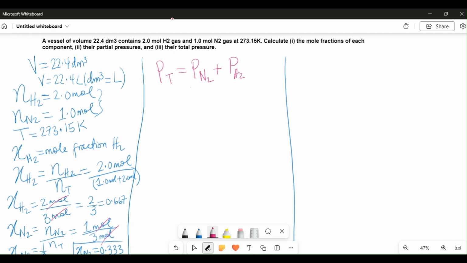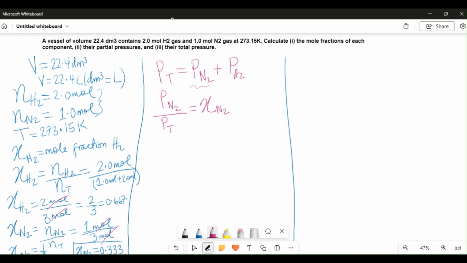So to find each one of these individual pressures, we can use this formula. But there's also something else you need to know, because it's chemistry, there's always something else to know. The partial pressure of nitrogen divided by the total pressure is actually going to give you the mole fraction of nitrogen.